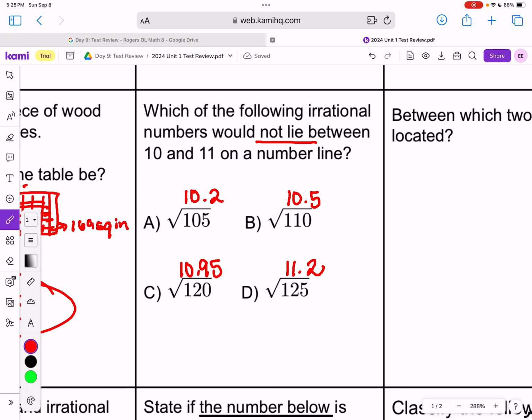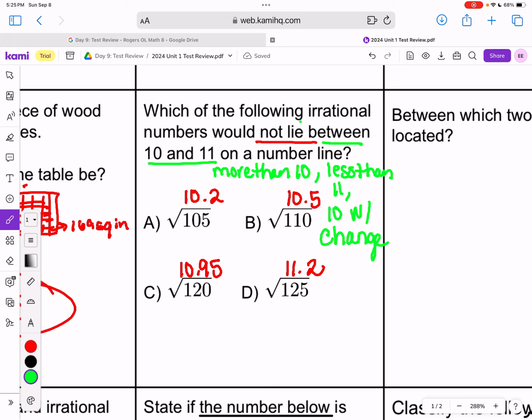Remember, if you have between 10 and 11, that's going to be more than 10, less than 11. So it's 10 with some change. But the key word here is not lie. That one lies, so that's a no. This one lies, no, no. The only one that would work would be D.